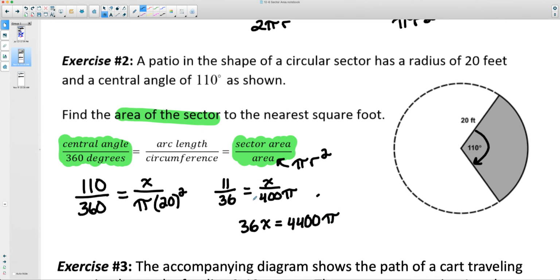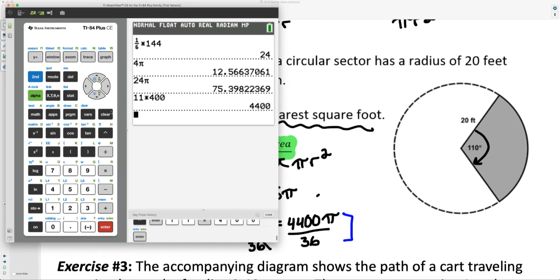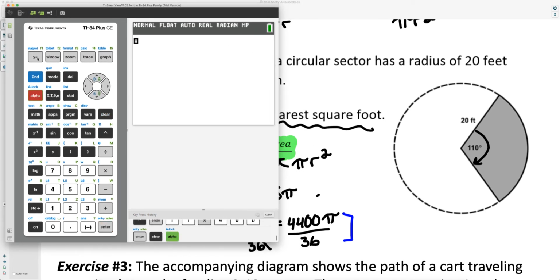Okay. And then at this point, we'll divide both sides by 36. It does ask us to round to the nearest square foot, so we can put this entire thing into the calculator as we see it, using the numerator denominator template.